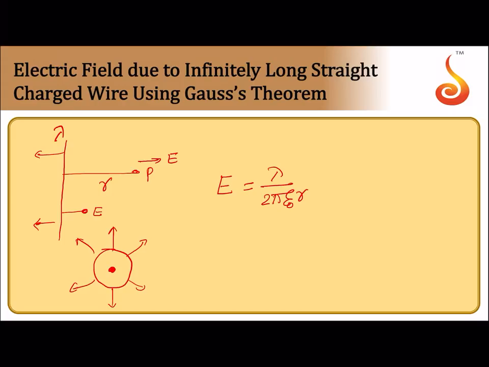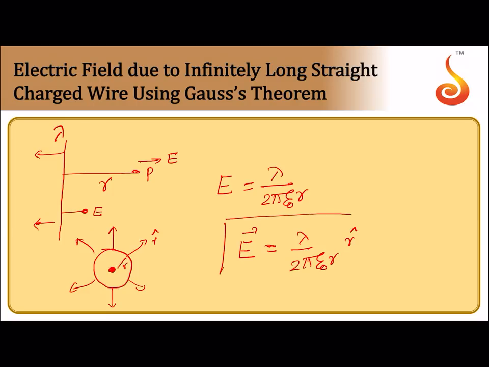All right, good. Now, having said that, electric field is given by E is equal to lambda by 2 pi epsilon naught r. It is the time to write it in the vector form also. We can write it in this form. E is equal to lambda by 2 pi epsilon naught r, I will write it as r cap. What is that r cap? R cap is the unit vector along the direction of electric field.